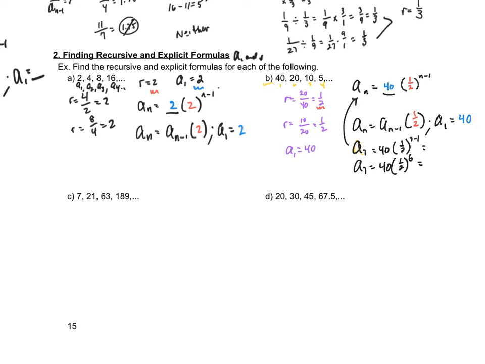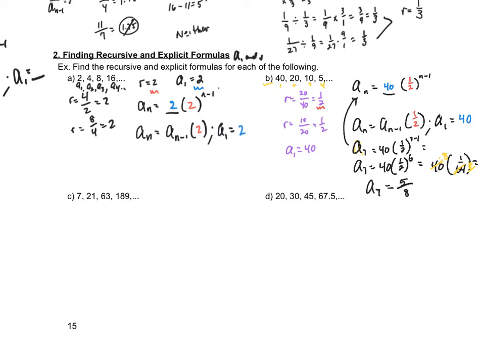That is equal to 40 times 1 over 64, and both of those are divisible by 8, by the way. So it turns out that a7 is going to be equal to 5/8. That's 5/8 is my 7th term.